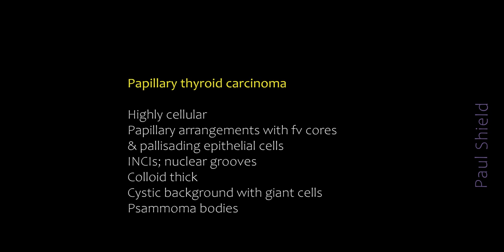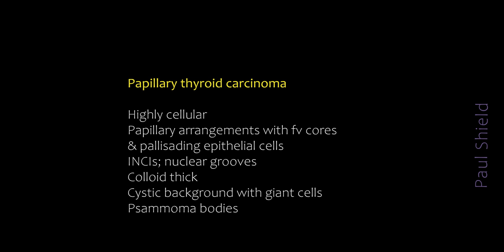So in summary, thyroid papillary carcinomas usually produce FNAs that are highly cellular. The classic arrangement is papillary fragments with fibrovascular cores that are branching and have palisading, overlapping nuclei around the outsides of the branches.